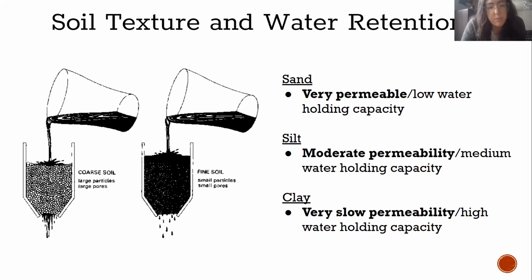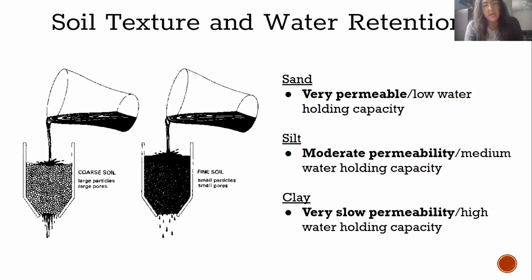There's going to be more space between the particles, more air between the particles, which will allow that water to move through those channels. If you had a glass full of clay and you tried to pour water through it, the water is going to look like it's absorbed into that glass, and not very much is going to trickle out of the bottom of it.